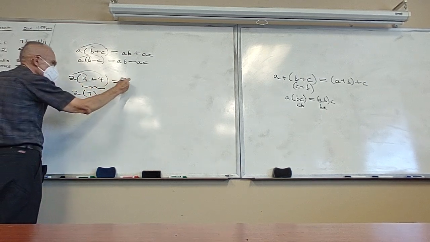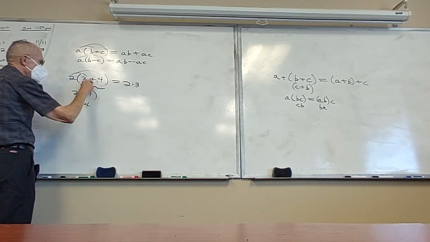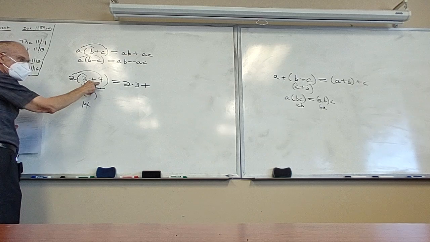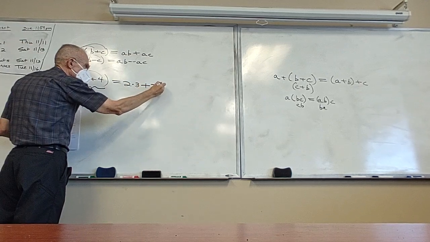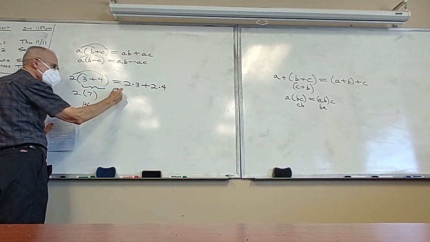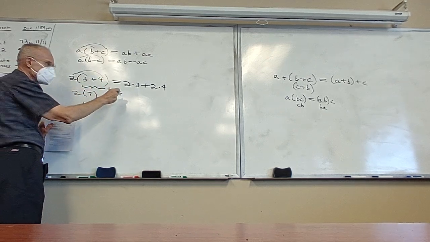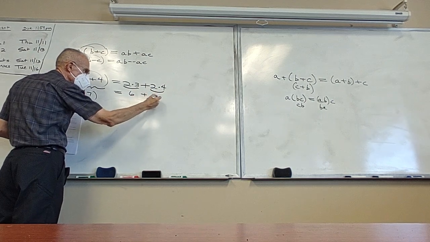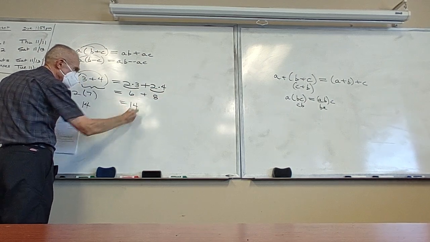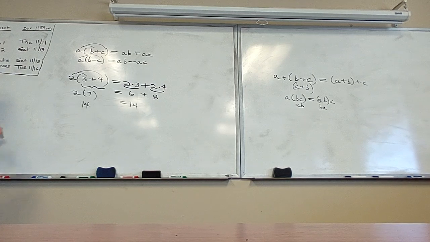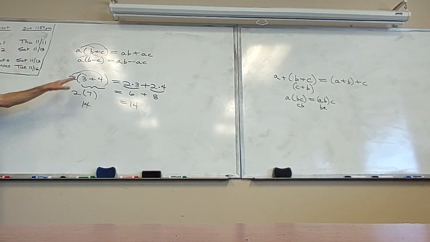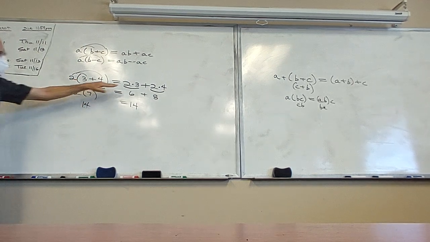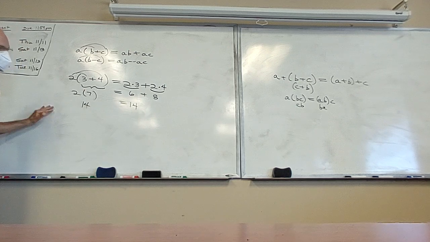Take 2 times the 3, plus, keep whatever signs in the middle, plus 2 times the 4. And if I do that, I should get the same answer. That's what the distributive property is saying. So we get 6 plus 8. I'm just verifying for you that the distributive property is correct. You can do it this way, or you could do it this way and get the same answer.